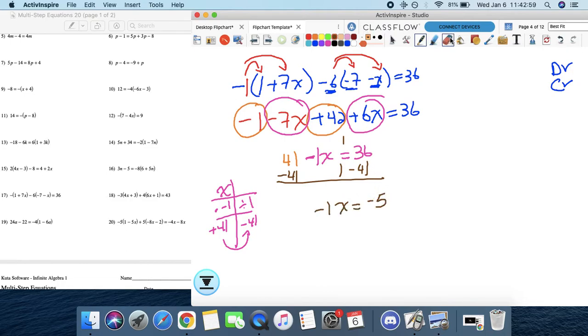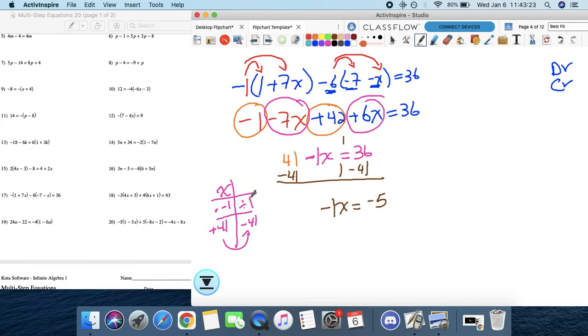Now, if you didn't put that 1, this is what it would look like: -x equals -5. But we can't have a negative, so we somehow have to change that to a positive x. That's why I wrote that 1, because it's easier for you to see how it becomes a positive x. So we have -1x. In order to change that to a positive, look at what happens.